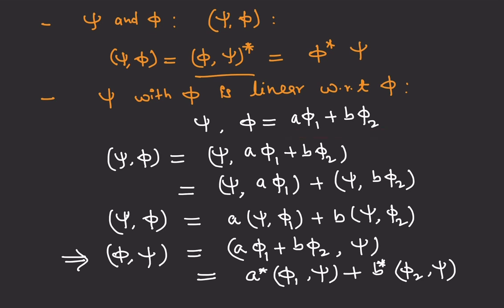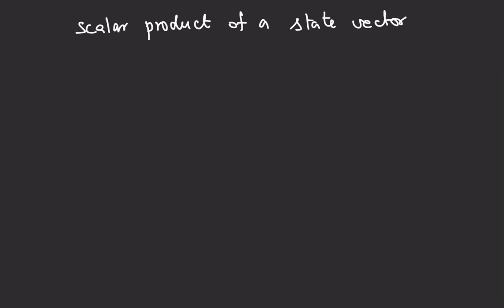The next property of the scalar product is that if we take the scalar product of a state vector psi with itself, it is always a positive real number.